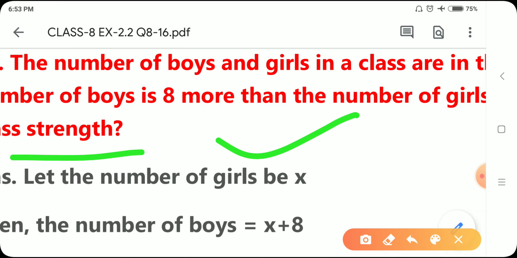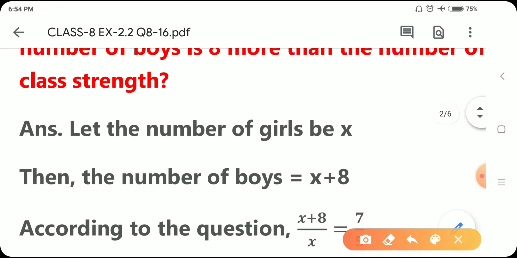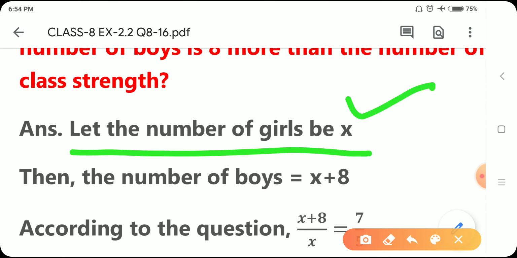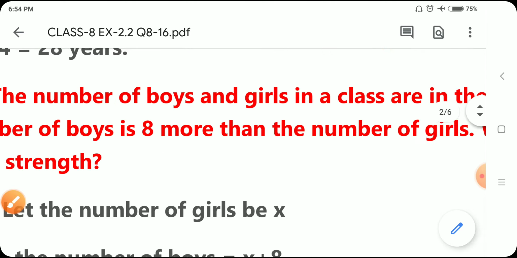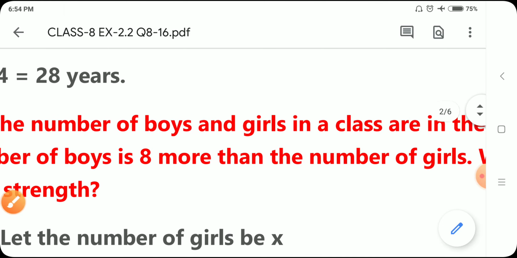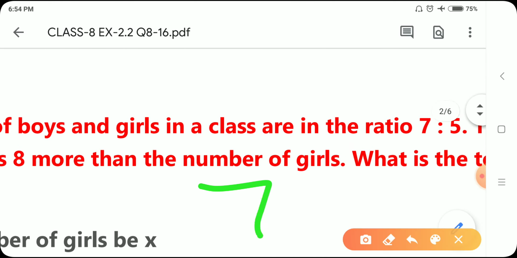The ratio is given, and also it is given that the number of boys is 8 more than the girls. So let us take the number of girls to be x. Now according to the given condition, the number of boys is 8 more than the number of girls, so it will become x plus 8. Also it is given that boys and girls are in the ratio 7:5.